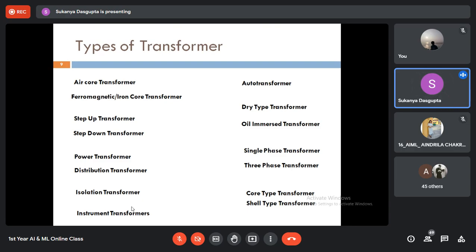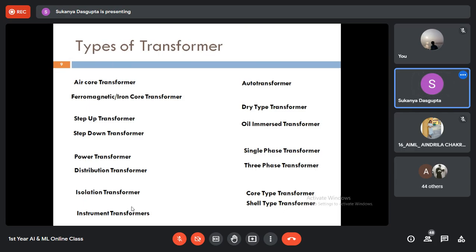Next is the isolation transformer. This isolation transformer is also widely used in different electronic circuit applications, which is slightly different from the power or distribution transformer. Because here, in case of an isolation transformer, the two windings, the primary and secondary windings, carry the same number of turns.